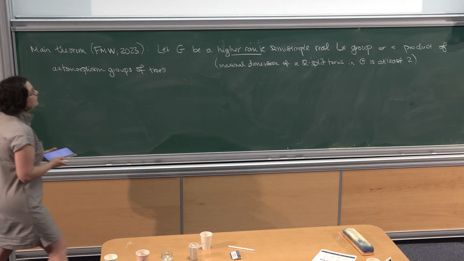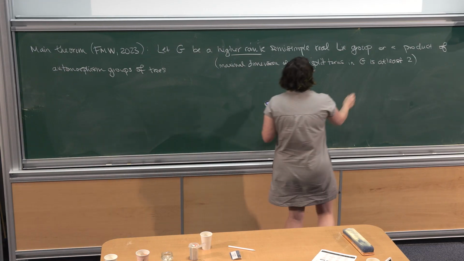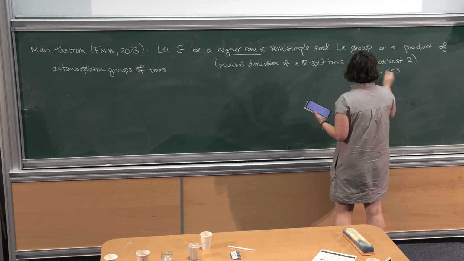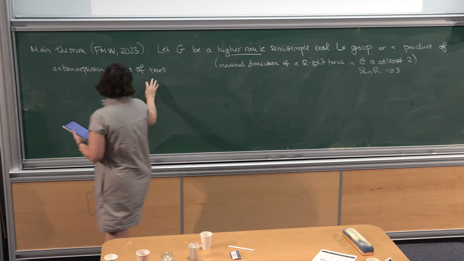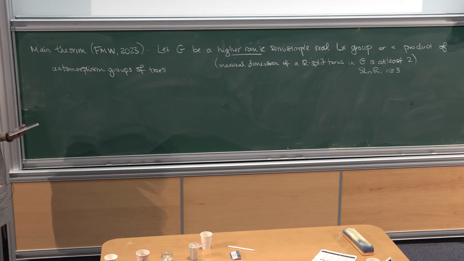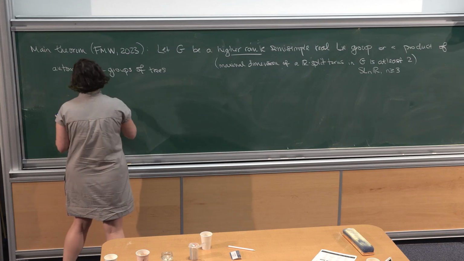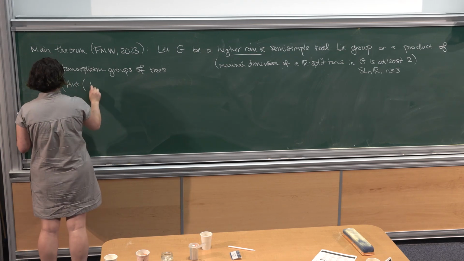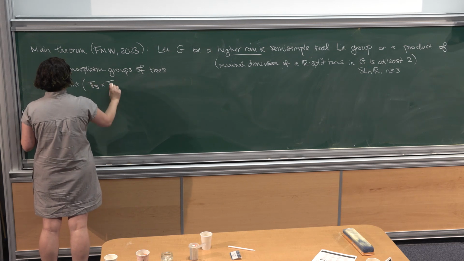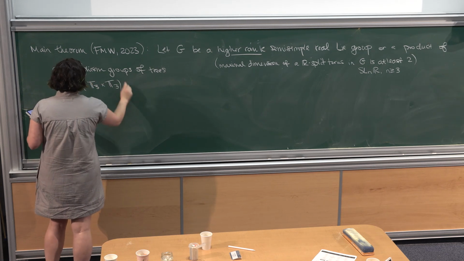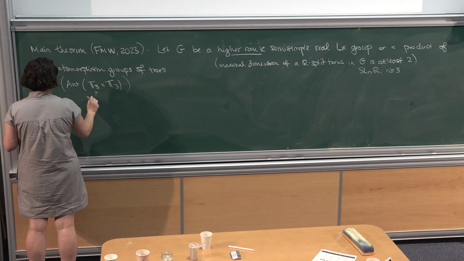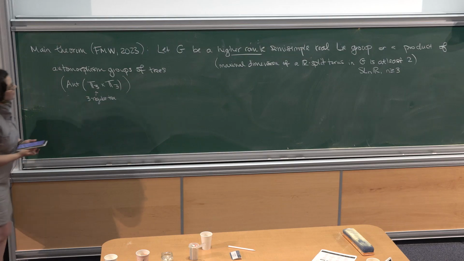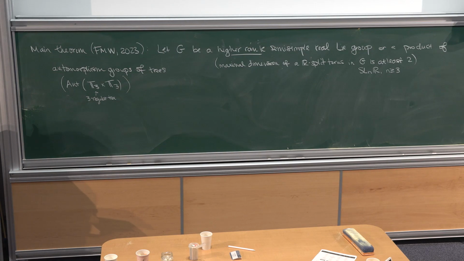So an example here: take your automorphism group of the 3-regular tree cross the 3-regular tree. And then we'll also be thinking a lot about symmetric spaces.